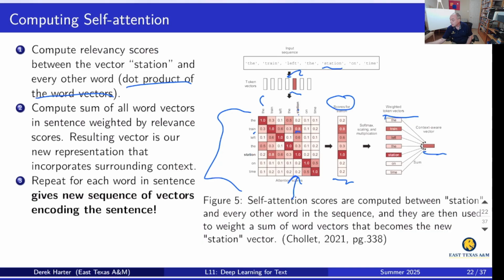It's slightly modified. For example, when we add together station and our representation for train, our new representation is going to be moved towards train, a little bit more similar to train in this context.